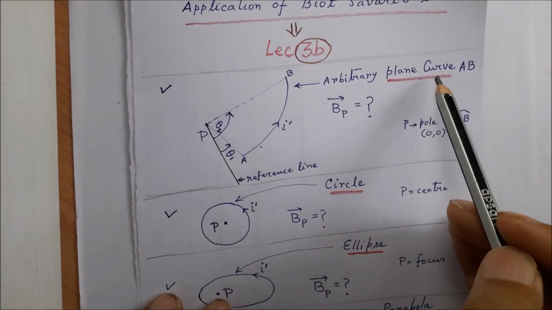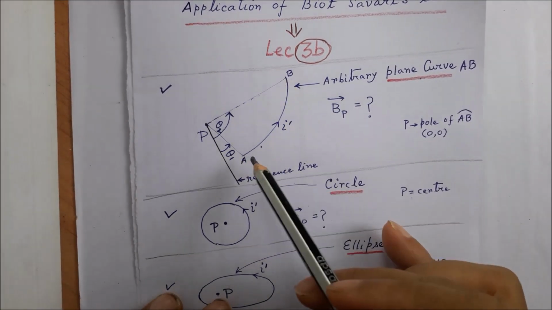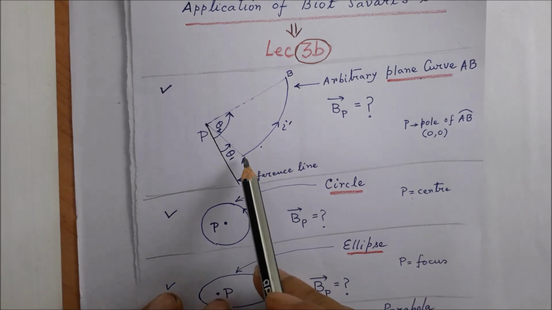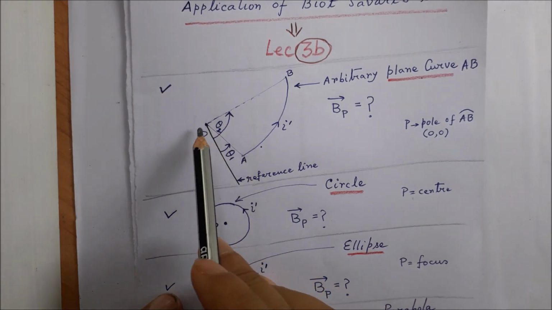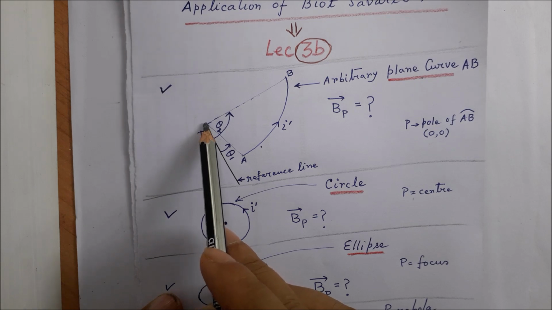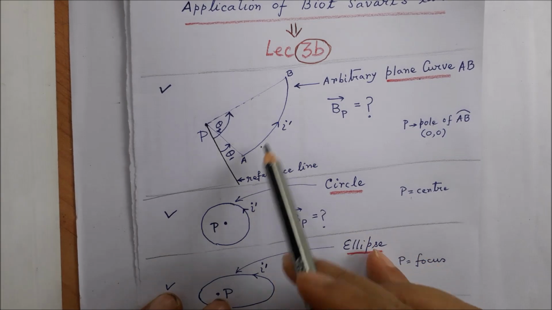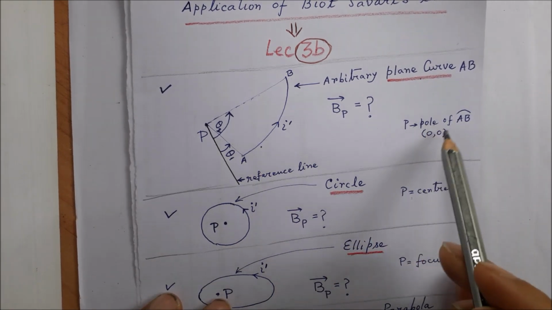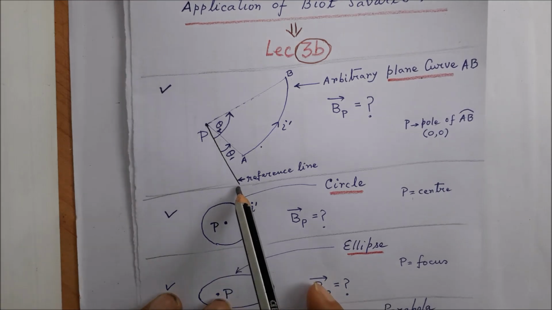Consider an arbitrary plane curve AB. A and B are the extremities which make angles theta 1 and theta 2 at P, which is the field point, also called the pole of AB, which can be taken as the origin with respect to this reference line.